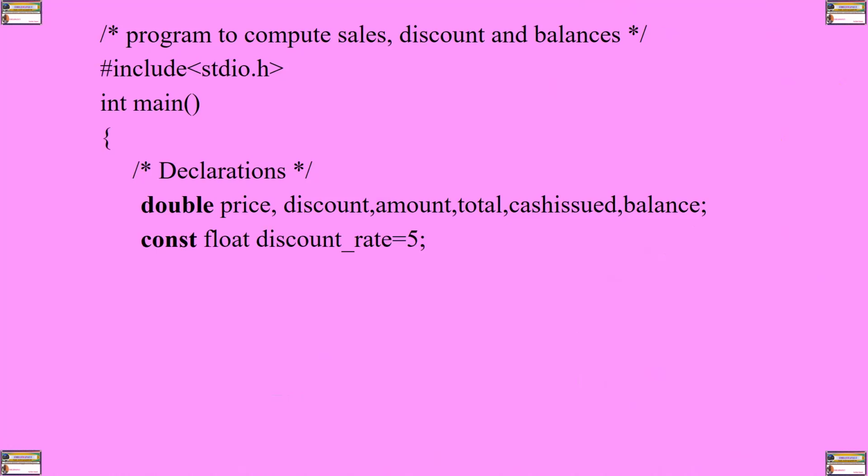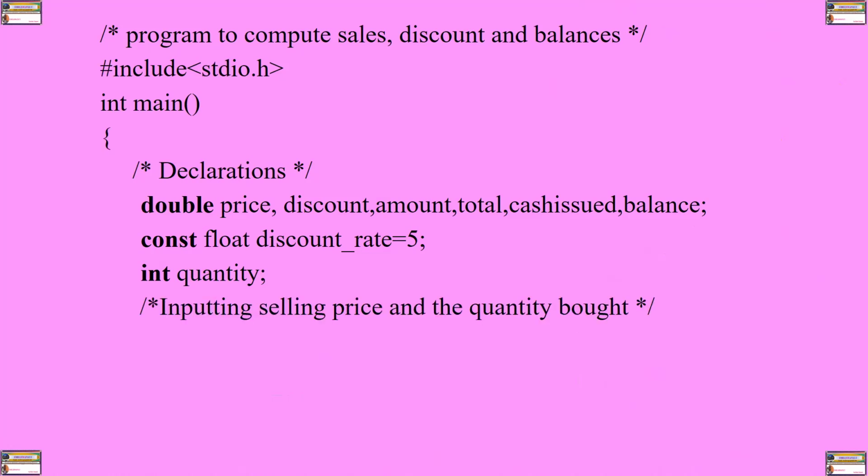Now note, because this data type is float, you can have it as 5.0, but even if you don't assign a value with a decimal point, by default, a value like 5 has a decimal point of 0. Then we are setting another memory location called quantity, which is supposed to hold data of type integer.